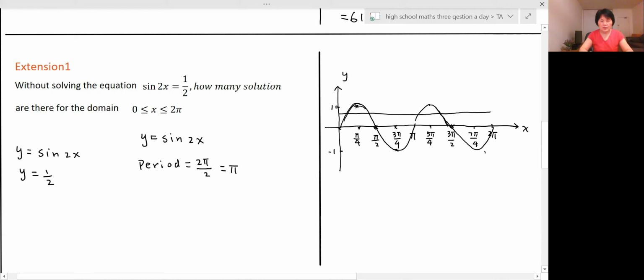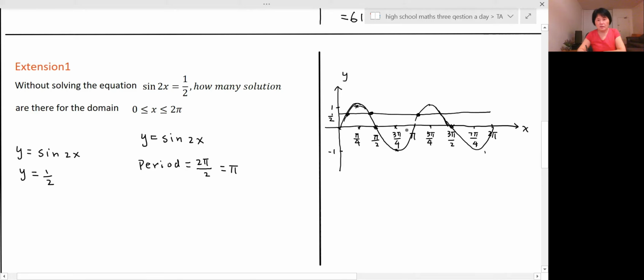Okay, this is the 1, this is the half. So they are equal. y equal to half, and then y equal to sine 2x. How many solutions? They intersect at 1 point, 2 points, 3 points, 4 points.